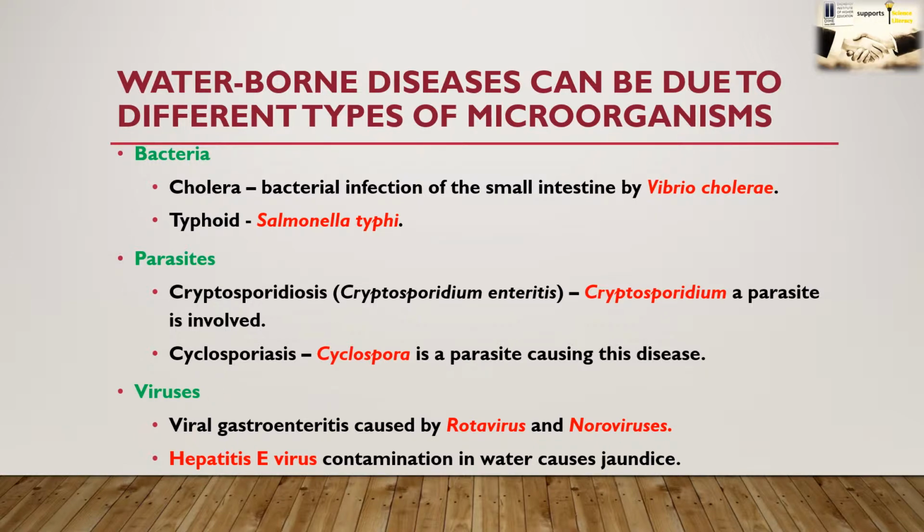Here, we will discuss different types of infectious diseases due to the presence of infectious organisms in water. Among these, bacteria cause infections like cholera, typhoid, and so on. The major bacterial strain causing cholera is Vibrio cholerae, whereas typhoid is caused by Salmonella typhi.